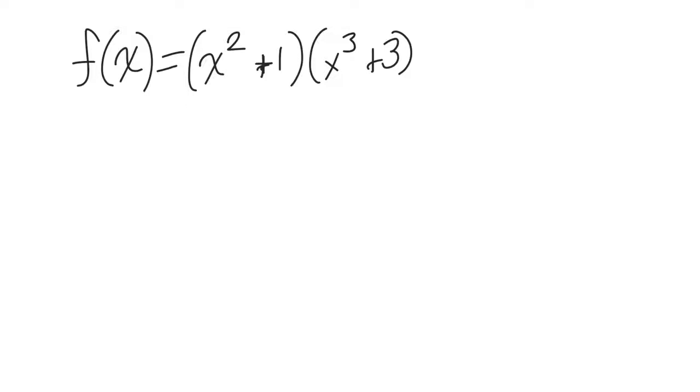We have the function f of x is equal to x squared plus 1 times x cubed plus 3. And we need to find the first derivative of this function. So using the product rule, let's say that function u is the first part, x squared plus 1. And function v is the second part, x cubed plus 3.